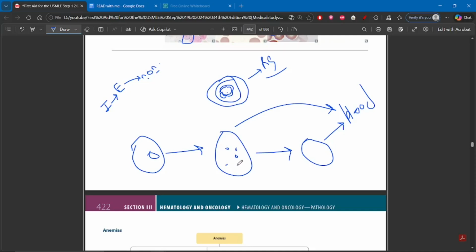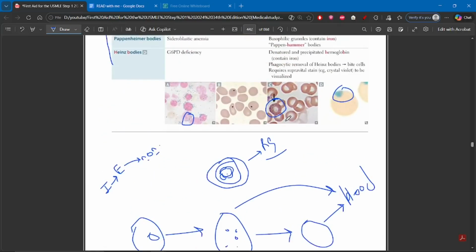The process basically is that an RBC is a normal cell at the beginning, and then as maturation occurs, the organelles in the red blood cell start to disappear. So the more immature a cell is, the more organelles or remnants of organelles, such as ribosomes or nucleus, it will have. The more mature it is, the more completely empty it is going to be, because that's what RBCs are made for, to be empty.